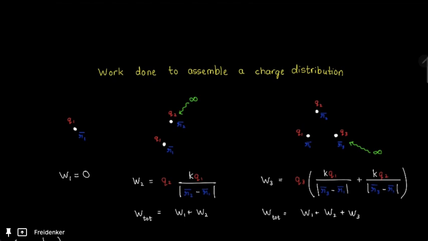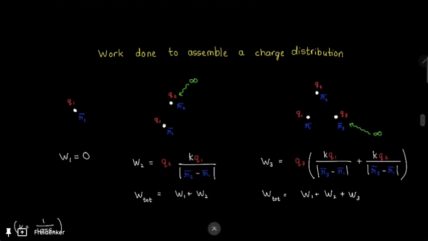Anyway, so total work done is nothing but the work done to bring charge q1 and the work done to bring charge q2, and the rest is the same thing. If you bring another charge q3, there is electric field due to q1 as well as electric field due to q2, and by the principle of superposition, I can just add the two potentials.